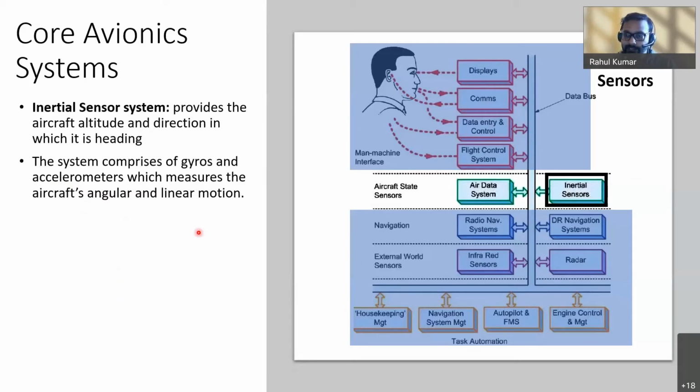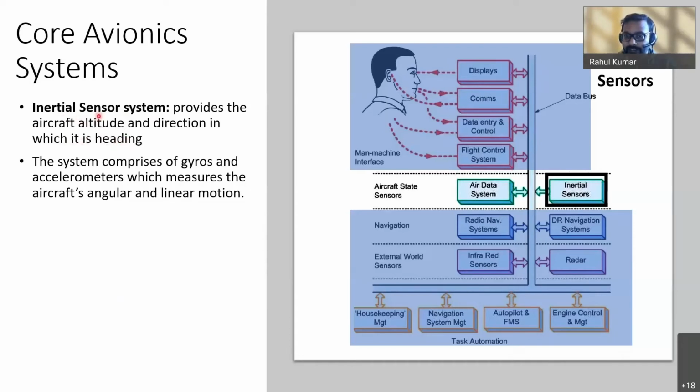The next subsystem is your inertial sensor system. This inertial sensor system provides the aircraft attitude and the direction in which it is heading, right?